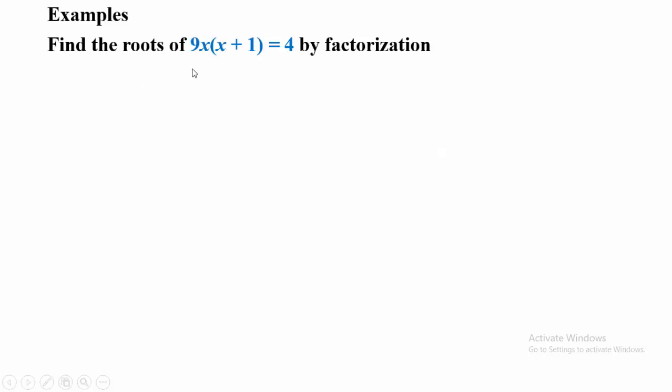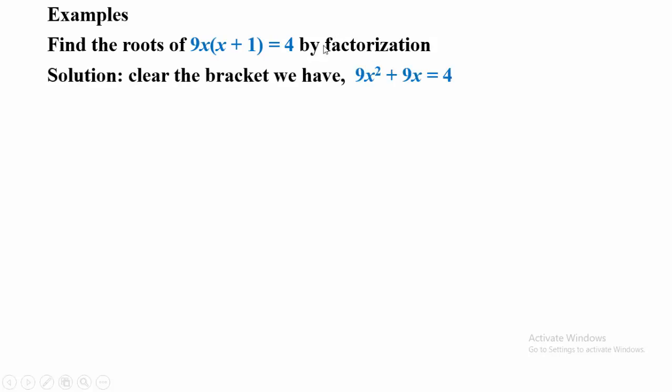Let's take another example. Find the roots of 9x open bracket x plus 1 close bracket is equal to 4 by factorization. Let's clear the brackets. When you clear the bracket, you now have 9x times x, we have 9x squared. 9x times 1, we have 9x equal to 4. To make it in a general quadratic equation form, we have to make the equation to be equal to 0.